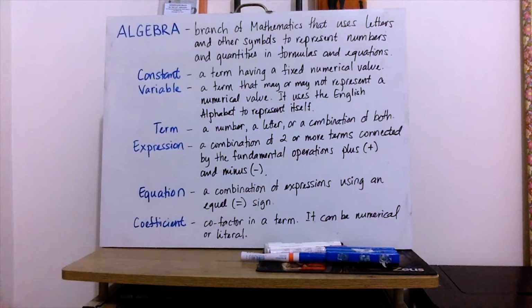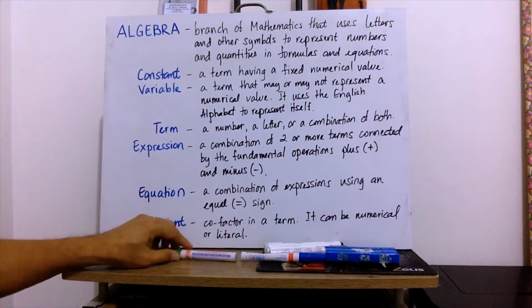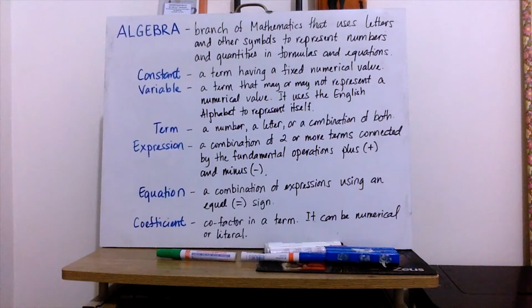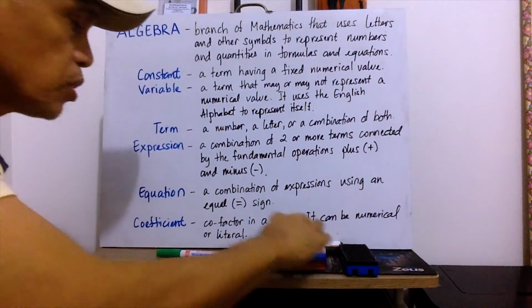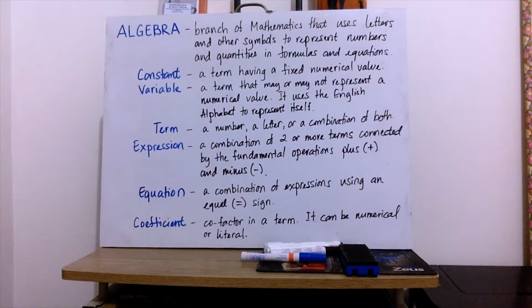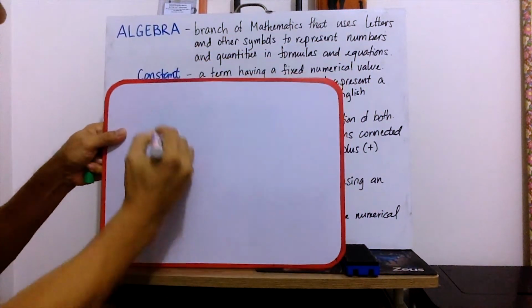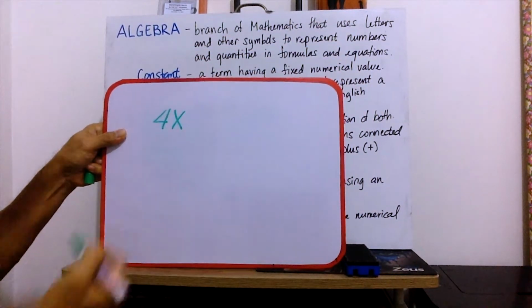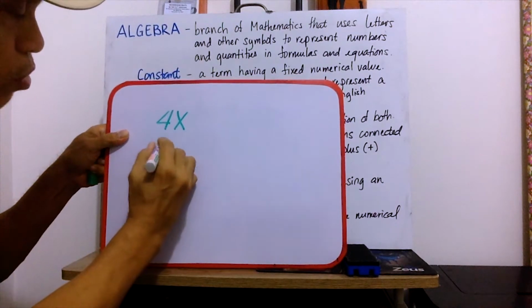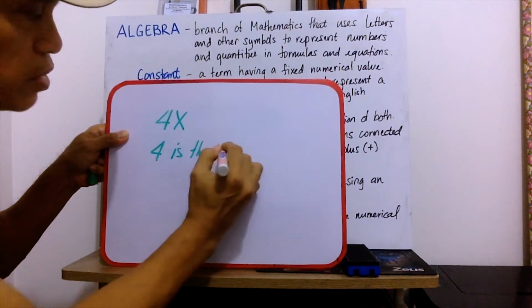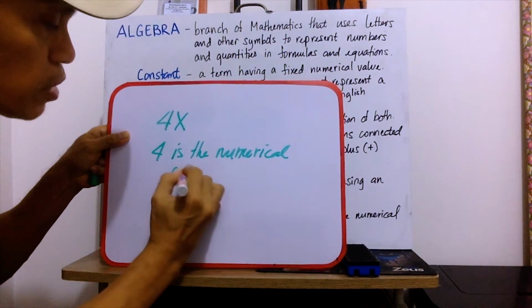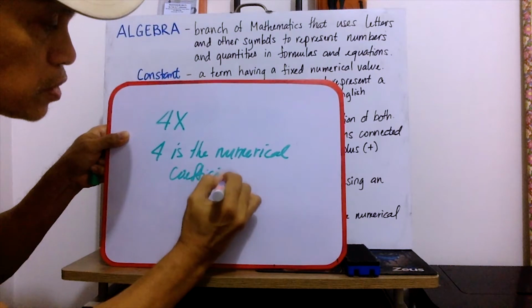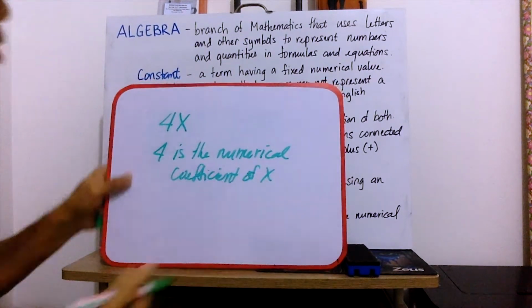Then, what's a coefficient? A coefficient is a cofactor in a term. It can be numerical or literal. These are examples of coefficients. If I write 4x, I can say that 4 is the numerical coefficient of x.